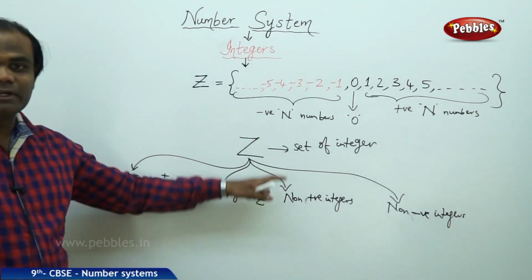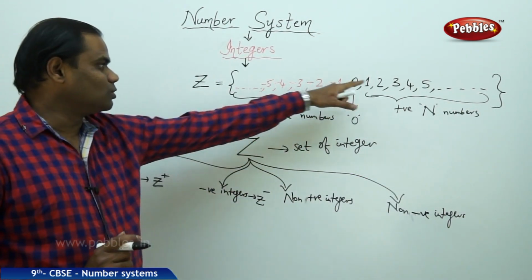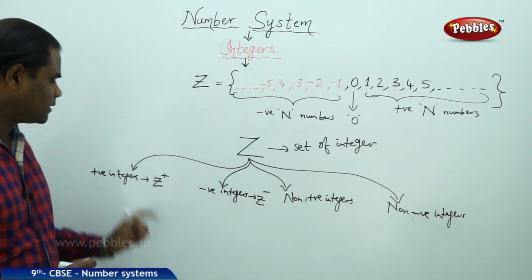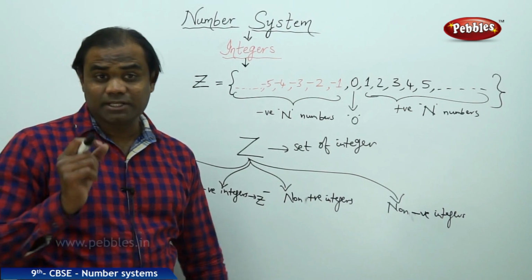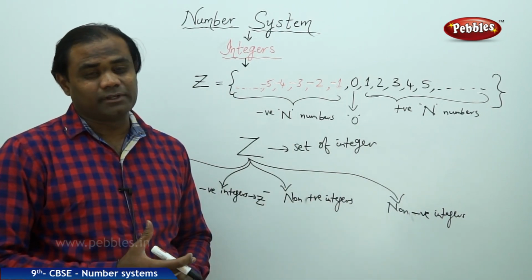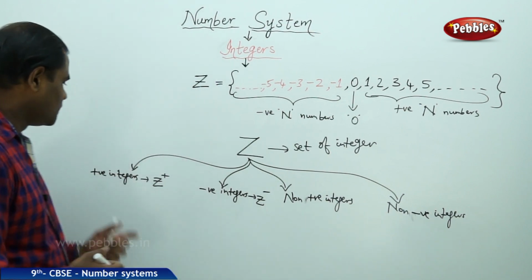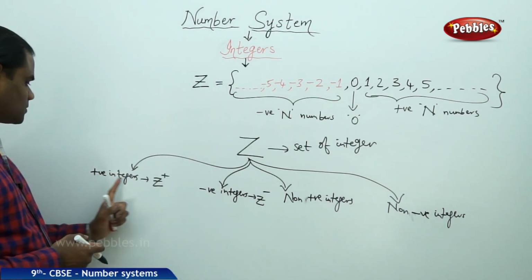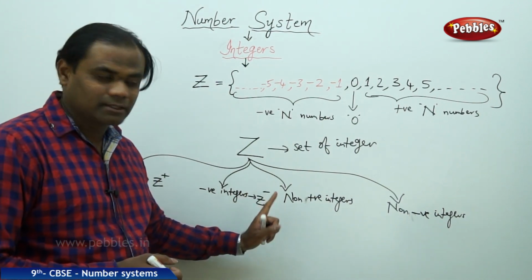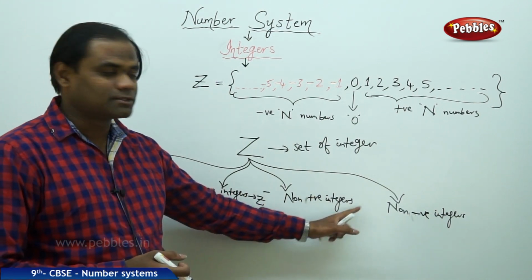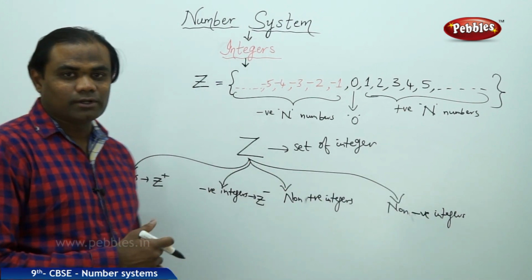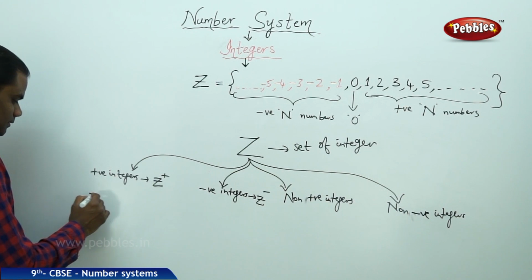So this set of integers denoted by Z, which has both the positive and negative signs and the neutral 0, is classified into 4 types, which is very essential to understand before we understand the entire set of integers Z. So this is classified into positive integers denoted by Z plus, negative integers denoted by Z minus, and non-positive integers and non-negative integers. So let's see what each of them differs with.